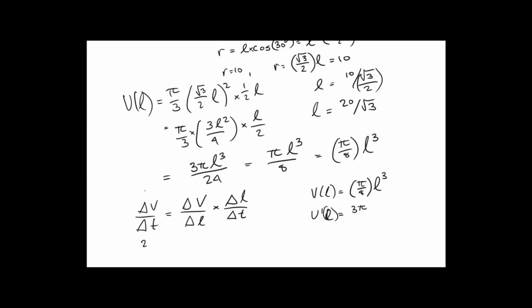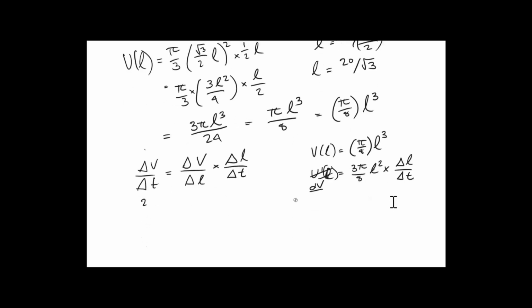3 pi over 8 L squared times change in L over change in time. And I guess this really should be dV there rather than in that format. But we know that that's going to be 2.